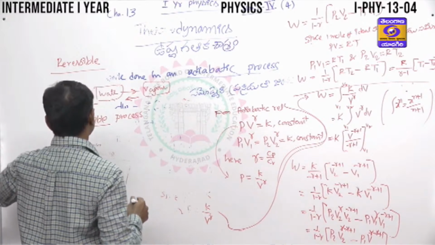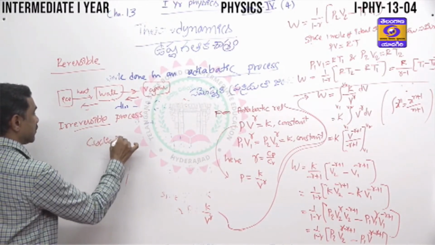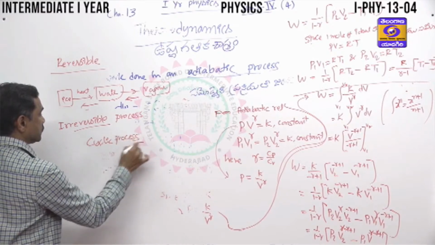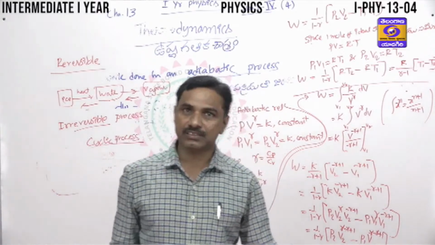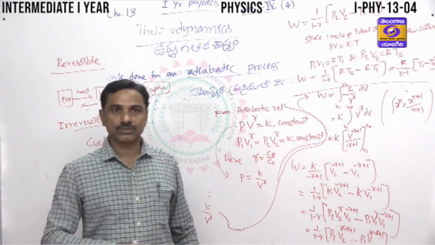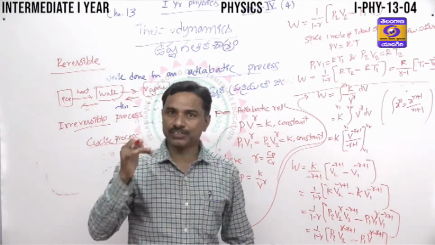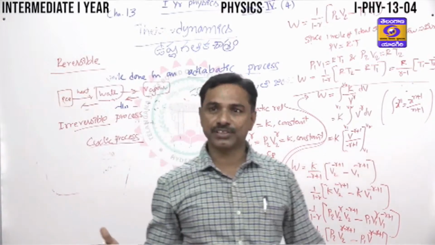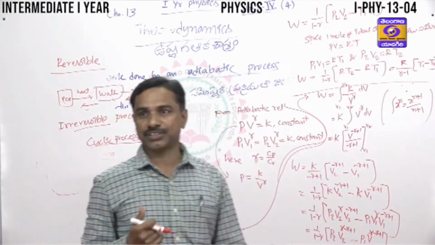Now, what is a cyclic process? We discussed it in the beginning itself, in the first chapter, in the introduction. The thermodynamic system undergoes changes in various stages and comes back to the initial stage.